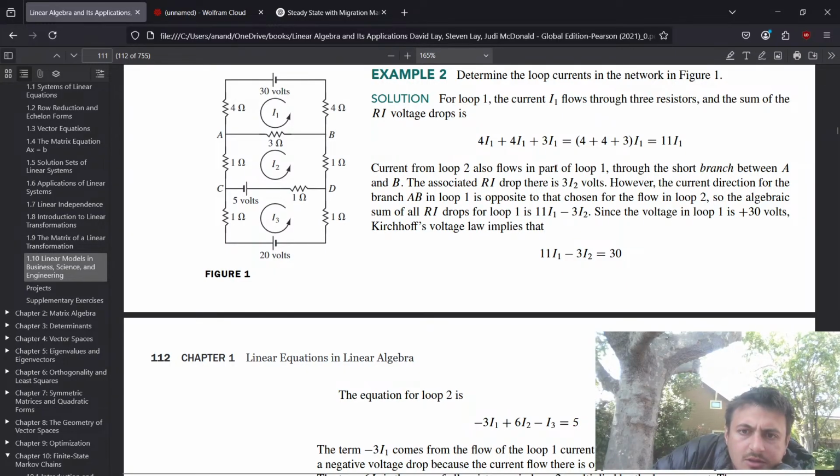Okay, hold on. Current from loop 2 also flows in part of loop 1 through the short branch between A and B. The associated voltage drop there is 3I2. However, the current direction for branch AB in loop 1 is opposite to that chosen for the flow in loop 2. That's what's weird to me, this choice of direction of the loop.